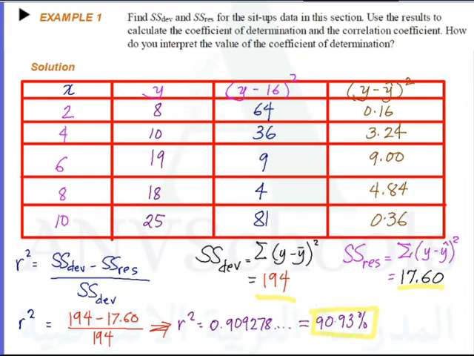So what about the missing 9.07%? So there is a missing 9.07%, right? So the missing 9.07% is due to other fluctuations in the data.